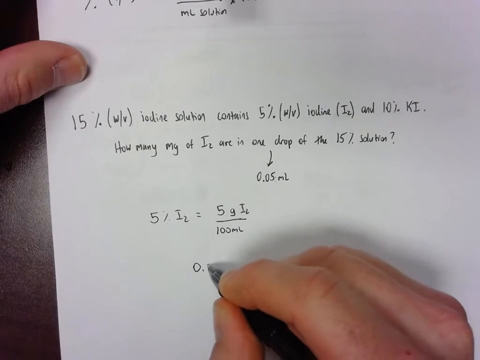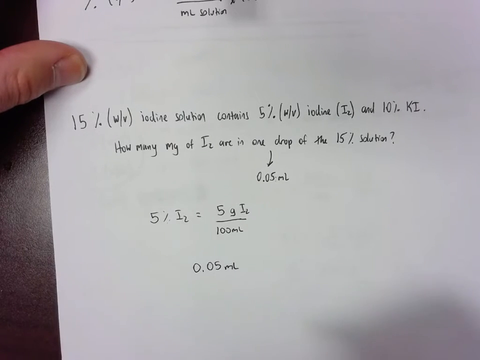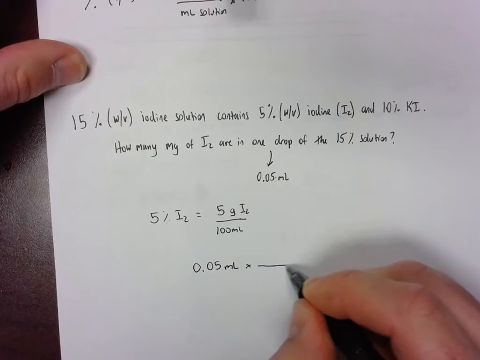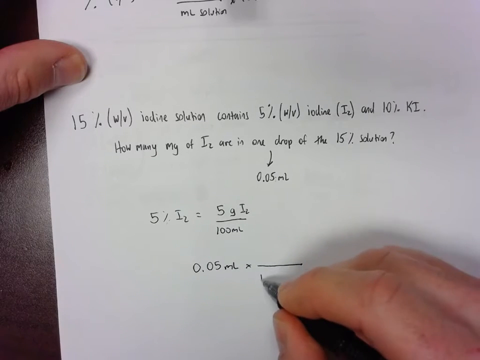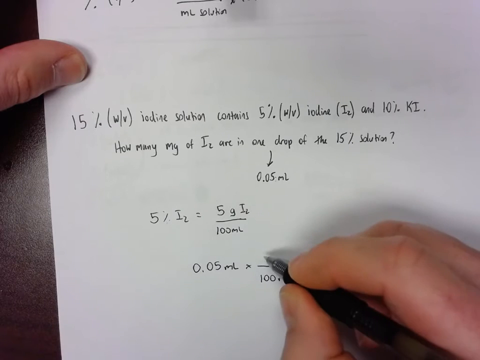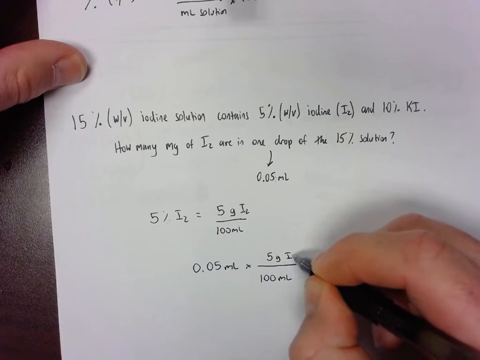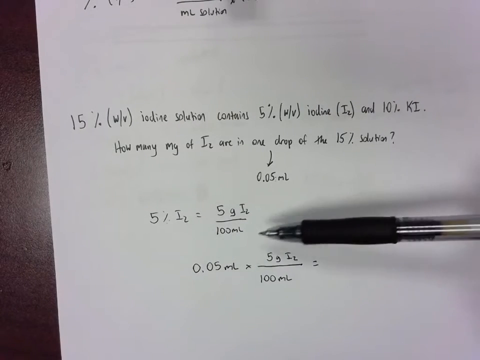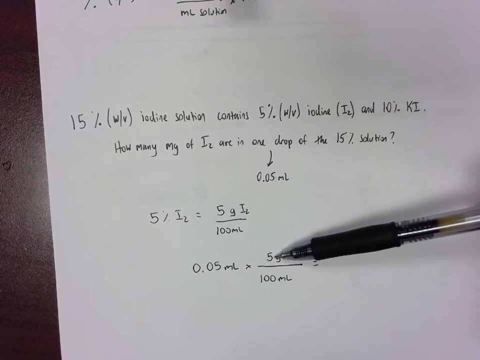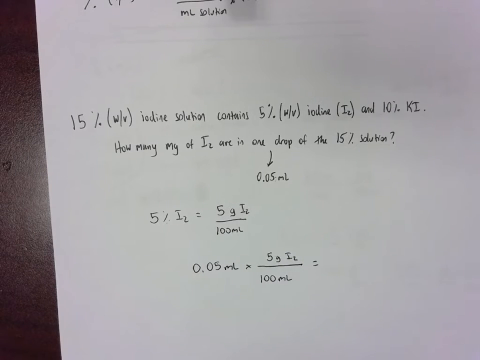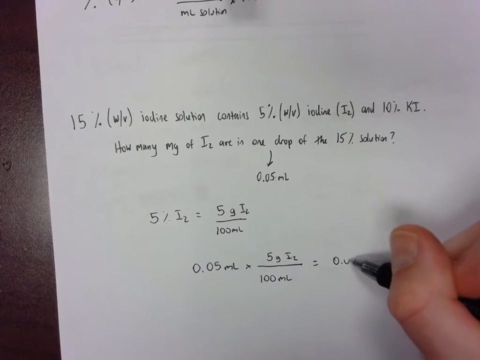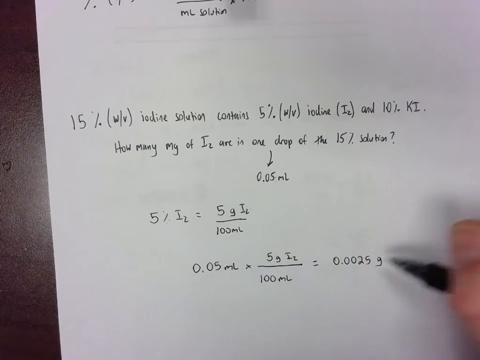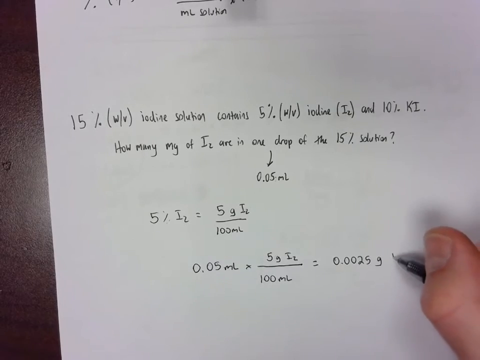So for this, we can just start by using the 0.05 and then put our milliliters on the bottom and grams on top. So it's basically going to be 0.05 times 5 divided by 100. And what we get is 0.0025 grams of I2.